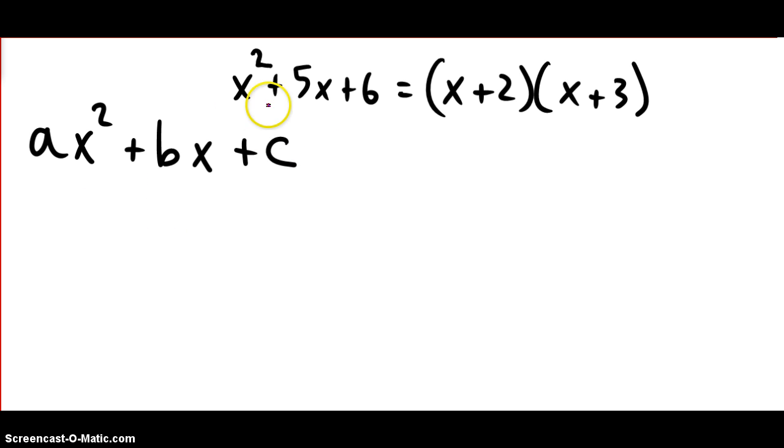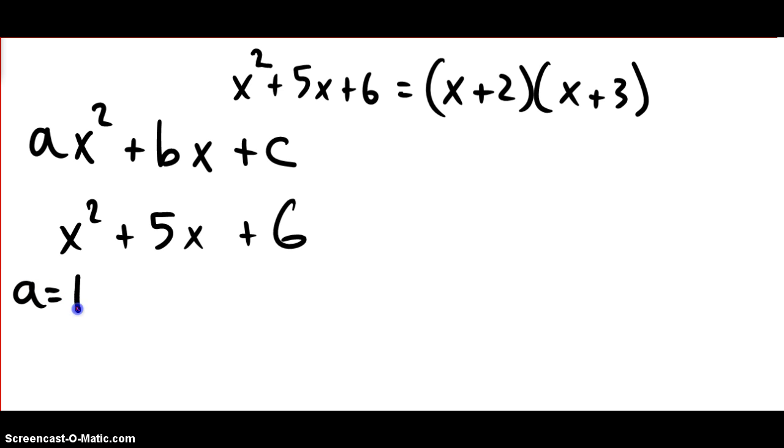So in this case, if we have x squared plus 5x plus 6, you can see that a is in front of the x squared. In this case, a is 1. b is in front of the x. In this case, b is 5. And c is the constant. It doesn't have a variable. So c is 6. No big deal, right?